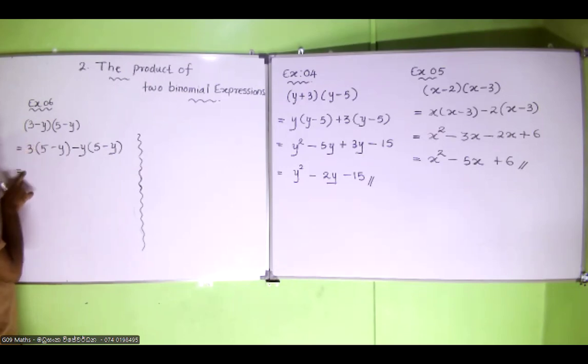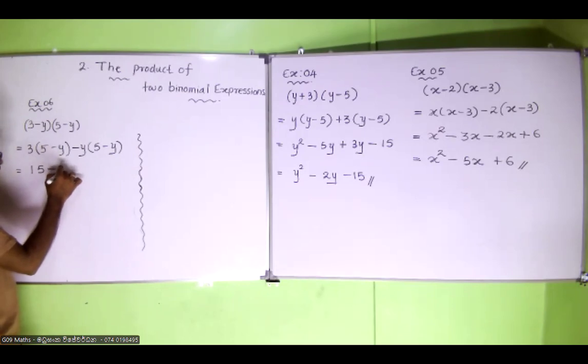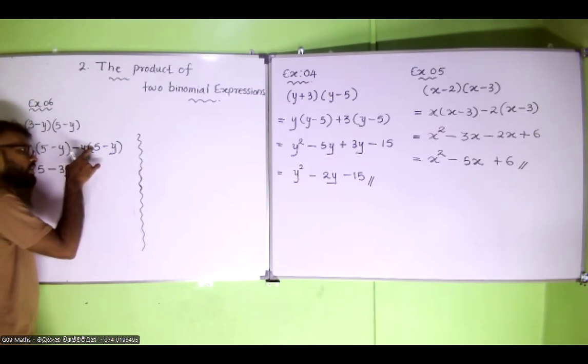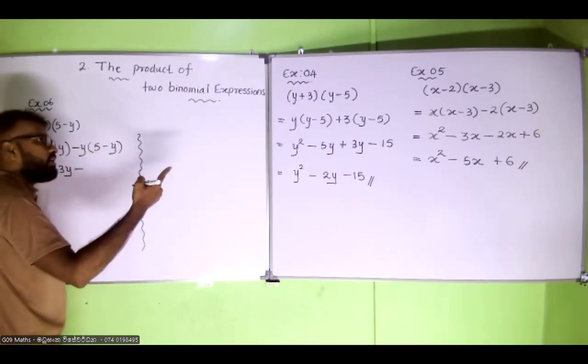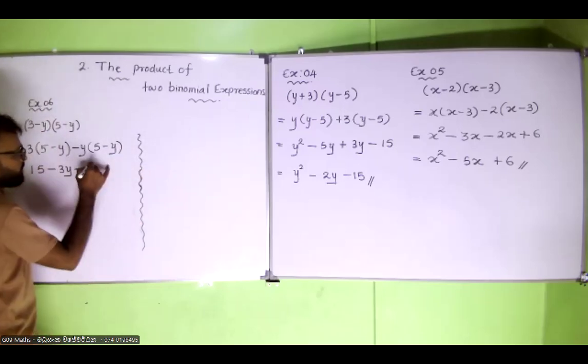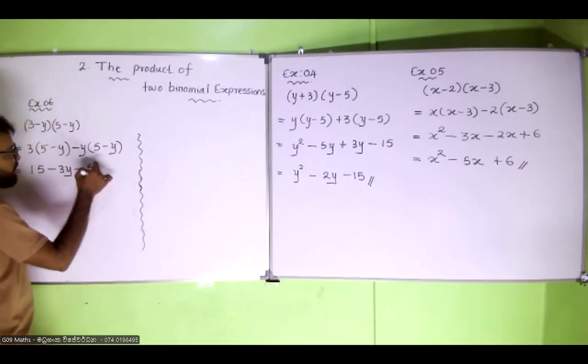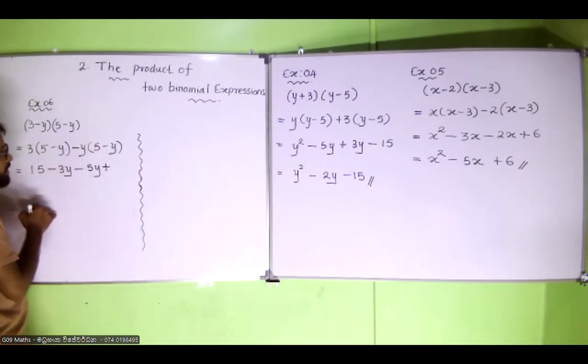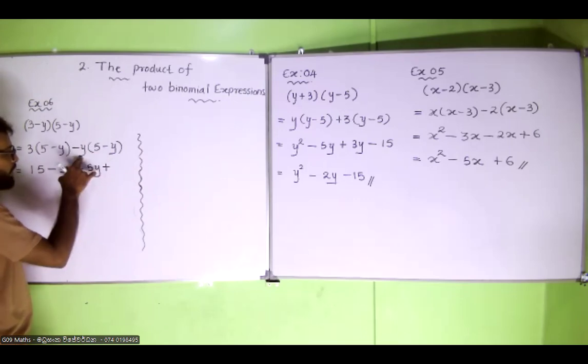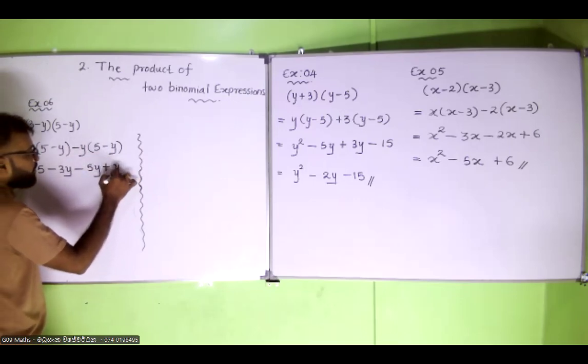Positive into positive, positive. 3 times 5, 15. Positive into negative, negative. 3 times y, 3y. Negative into positive, negative. y times 5, 5y. Negative into negative, positive. y times y, y to the power 2.